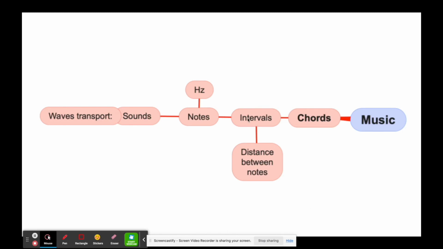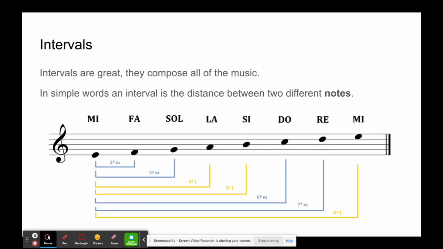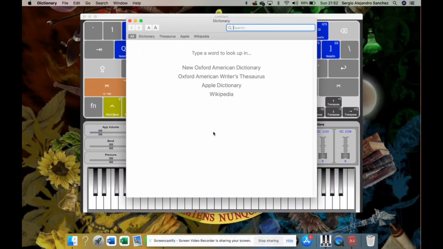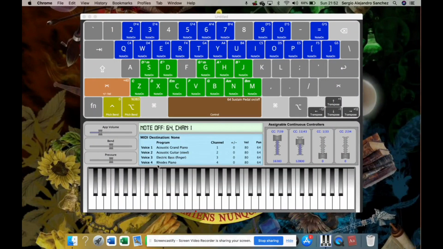Getting into the definition, an interval is just the distance between two notes, which is pretty easy to understand. For example, we have here the major scale: do, re, mi, fa, sol, la, si, do. On the piano, do, re, mi.